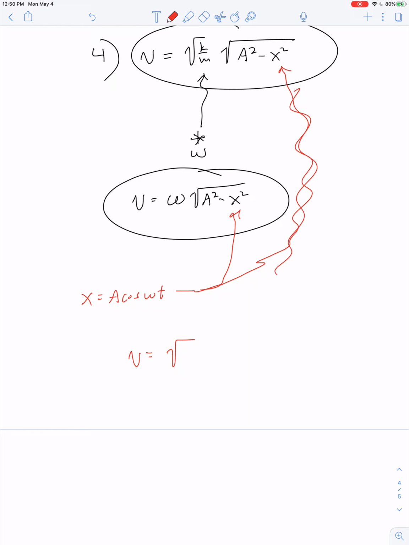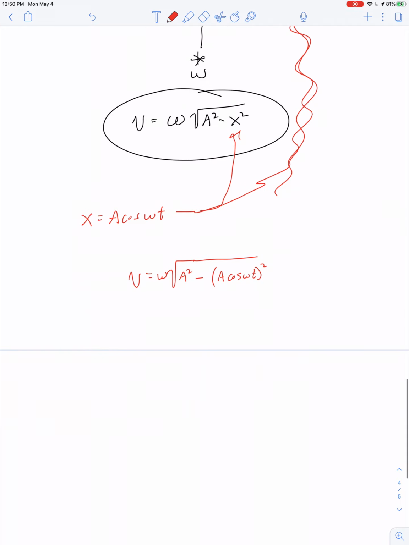So we get v equals omega times the square root of a squared minus the quantity a cosine omega t squared. This means v equals omega times the square root of a squared times the quantity 1 minus cosine squared omega t.